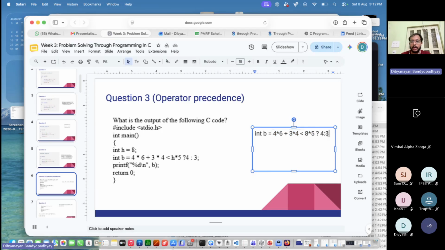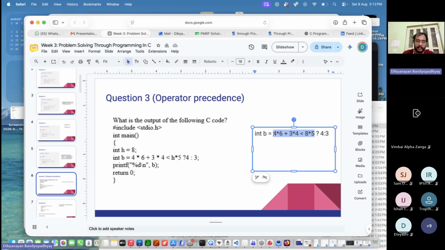So how does a ternary operator actually work? It evaluates the left hand side of the ternary expression. So this is the left hand side of the ternary operator, and if it evaluates to true, the immediate right hand value will be printed. If it evaluates to false, this value will be printed. So the main goal is to evaluate the left hand side of the ternary expression.